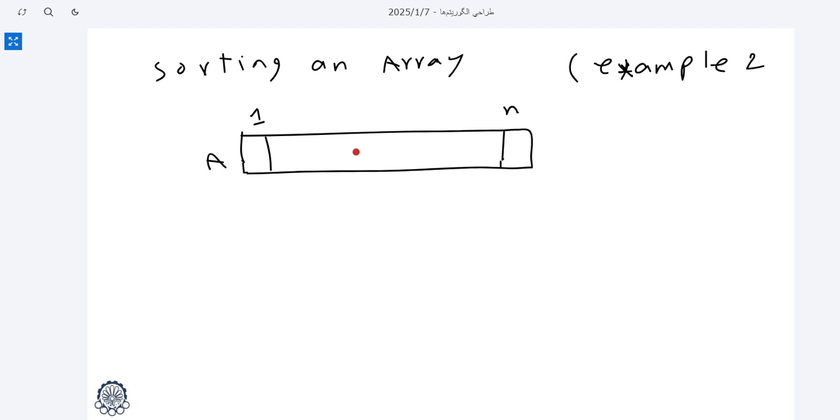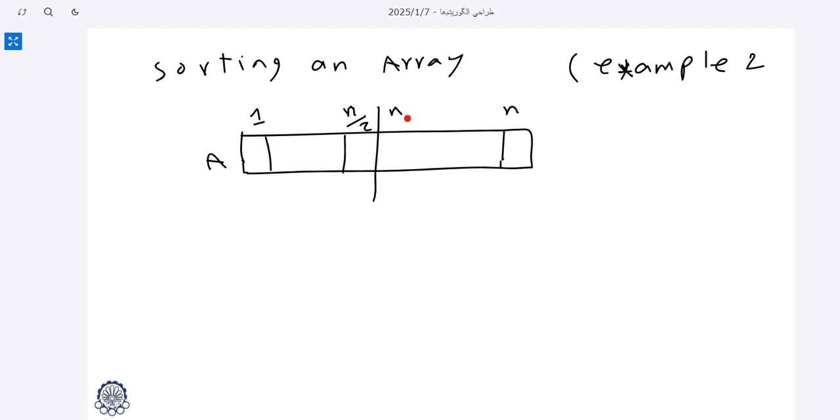The first step of the approach is dividing the problem into some smaller subproblems. Here again, we divide the problem into 2 equal size subproblems. The first subproblem has n divided by 2 numbers from index 1 to index n divided by 2.